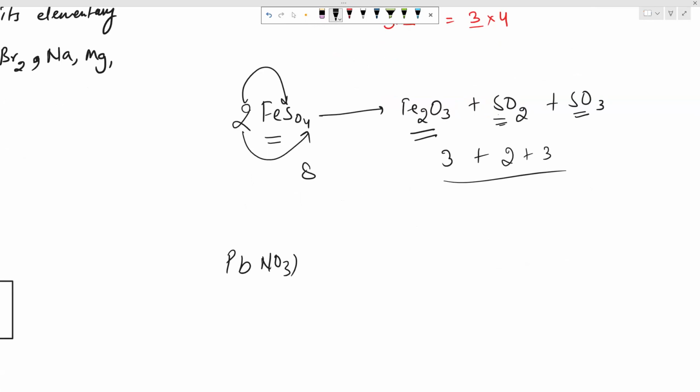Pb(NO3)2, when heated, gives you PbO plus NO2 plus O2. Try to balance this one.